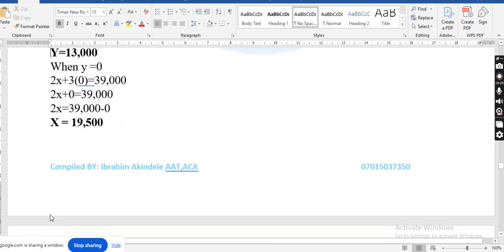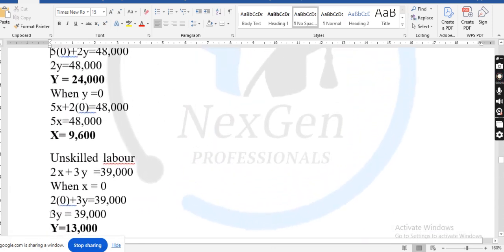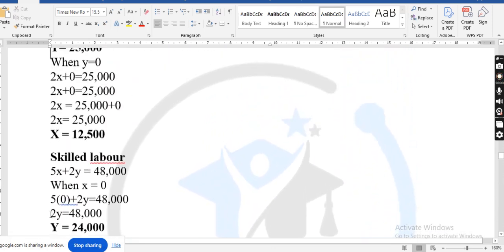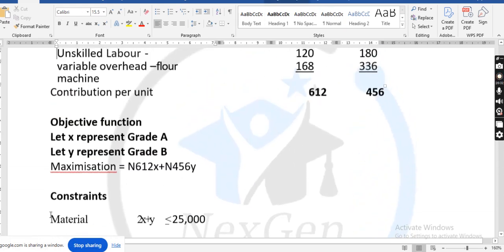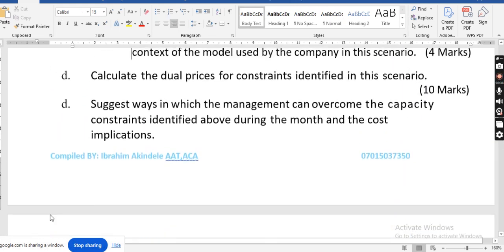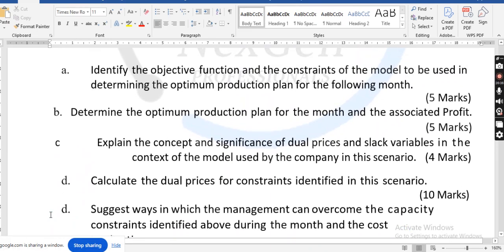Okay, class. This is just the A part. We just needed to equate it to 0 because what the question is saying is the constraints of the model to be used in determining the optimal production plan for the following month.